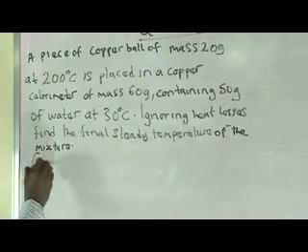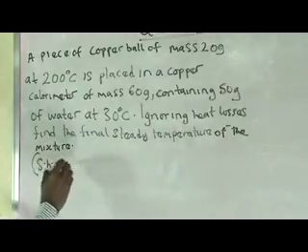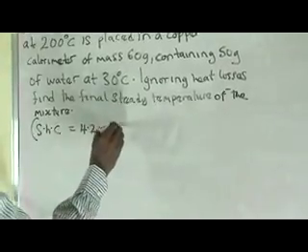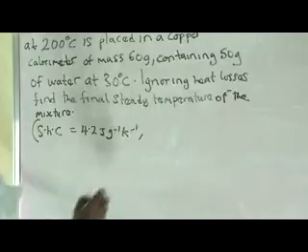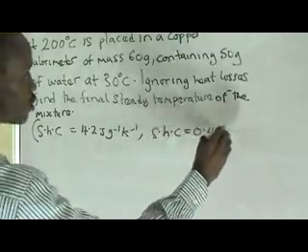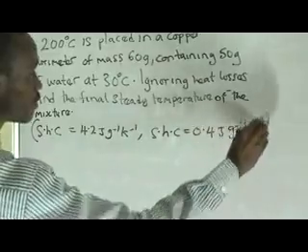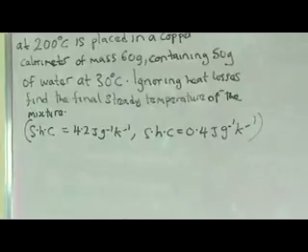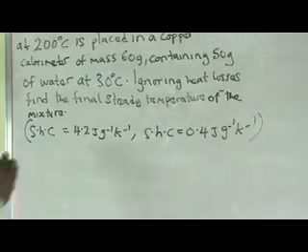The question gives us in brackets the specific heat capacity of water as 4.2 joules per gram per Kelvin, and of copper as 0.4 joules per gram per Kelvin. Since everything is in grams, we work in grams, and if you like, you can convert to kilograms. The first way out is to write our equation that the heat lost equals the heat gained.